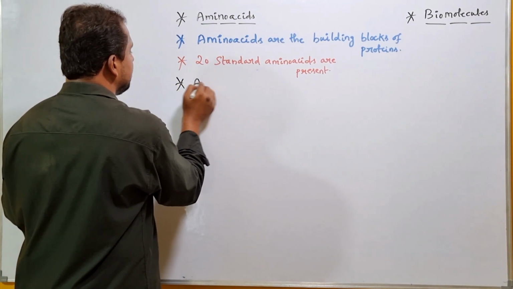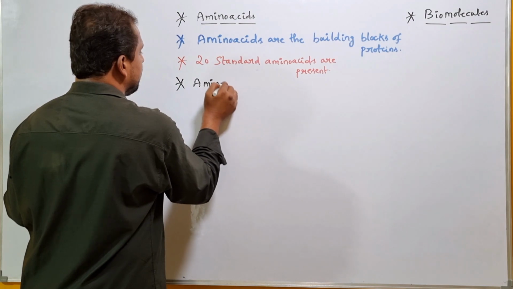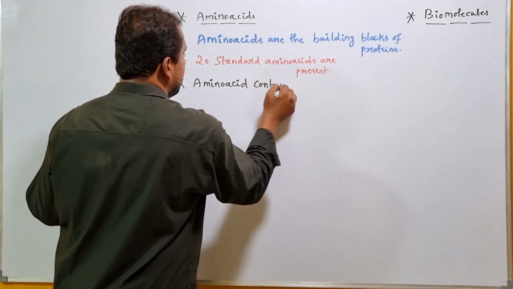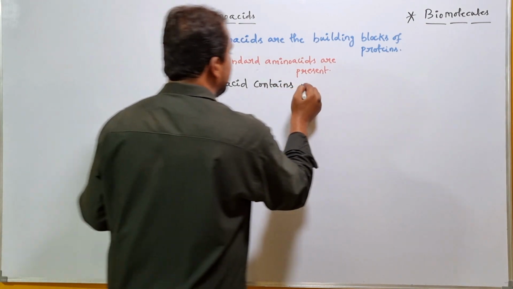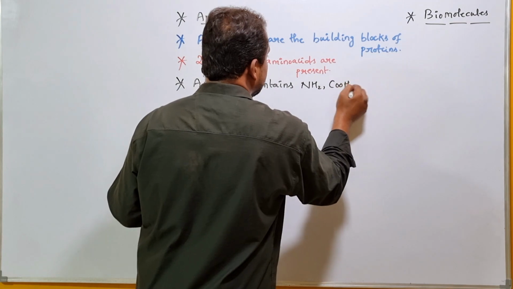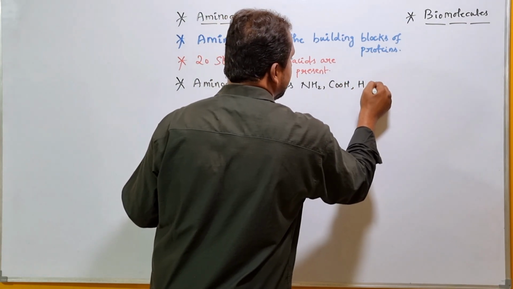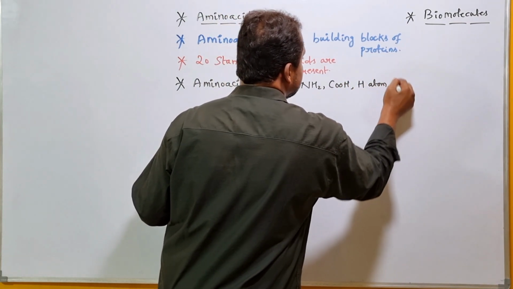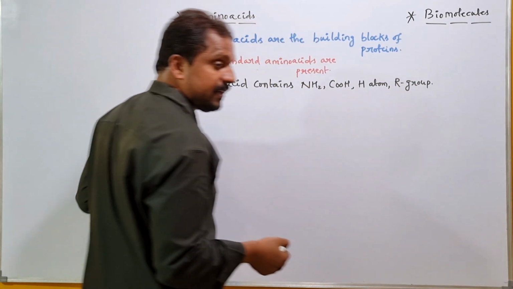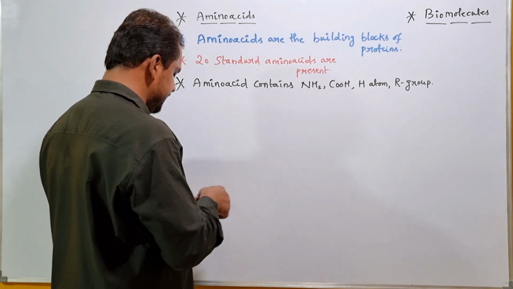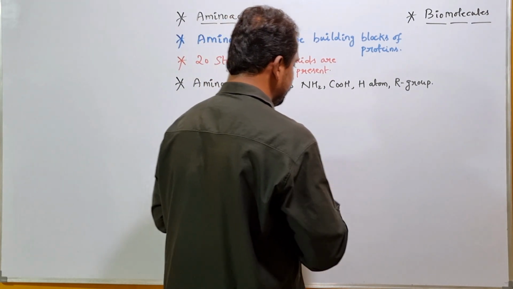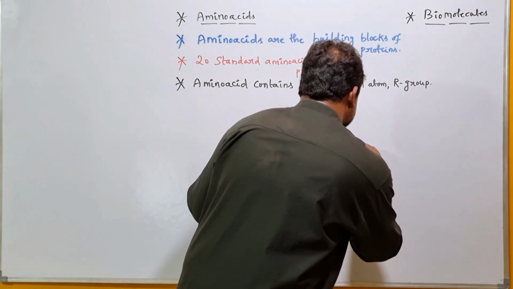Amino acid contains amino group, carboxylic group, hydrogen atom, and one R group. Is it clear? If you look at the structure of amino acid, we can easily understand. So this is the basic structure of amino acid.